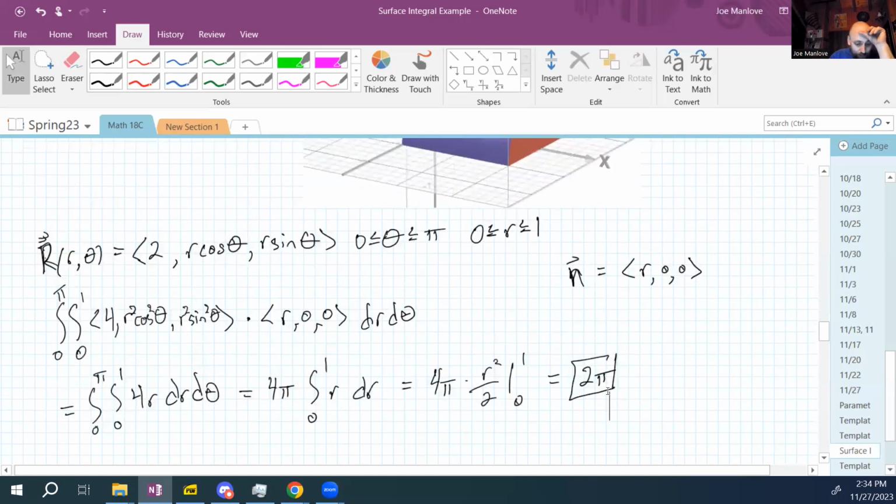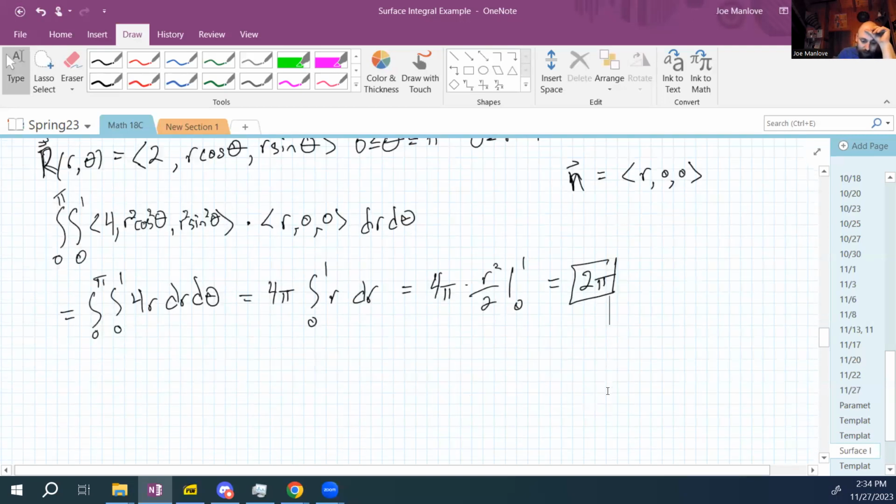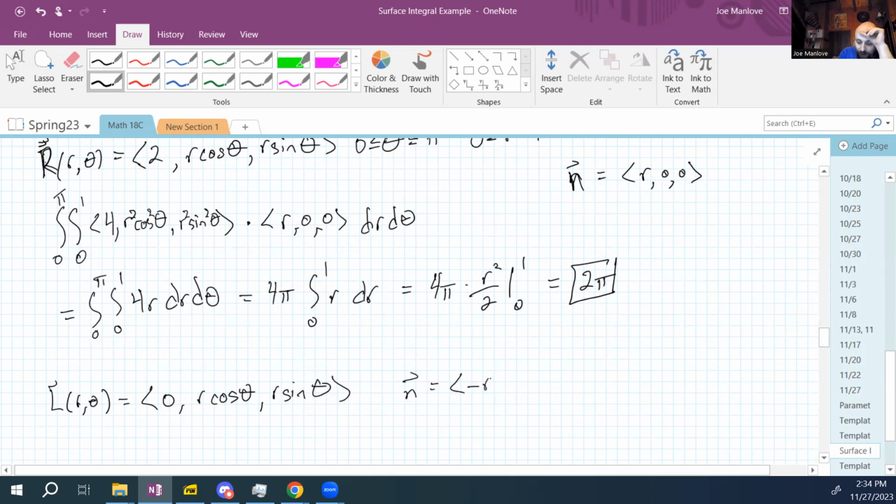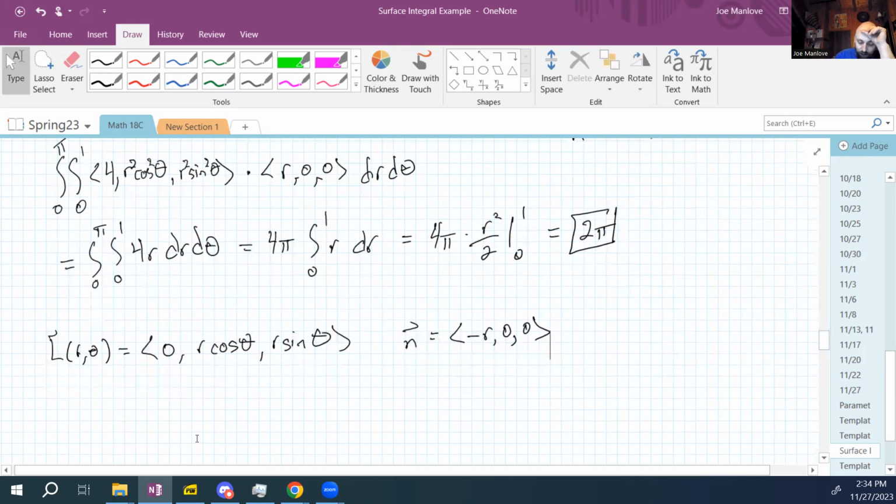Let's do B. Sorry, let's do L. So L of r and theta. I just happen to remember this. We could go look up top if we wanted to. It's 0, comma r cosine theta, comma r sine theta. Bounds are the same, and our normal vector was negative r, comma 0, comma 0. And so my integral is going to be, I'm going to integrate from 0 to pi.